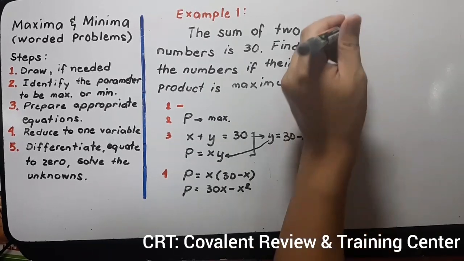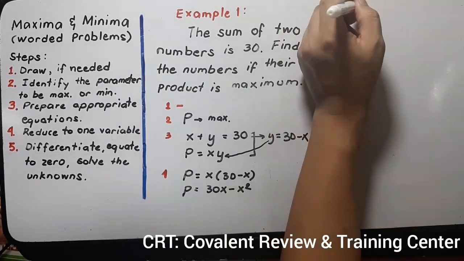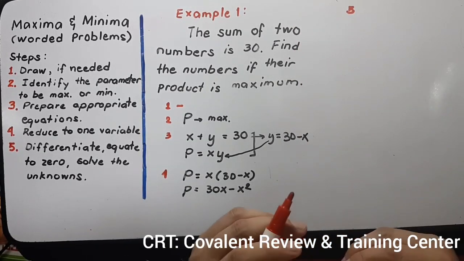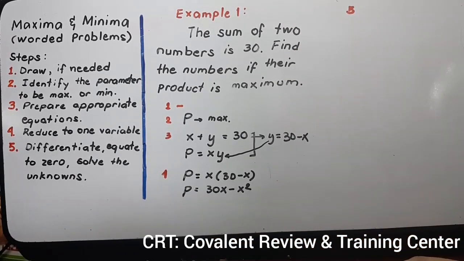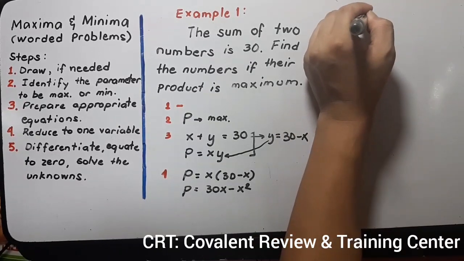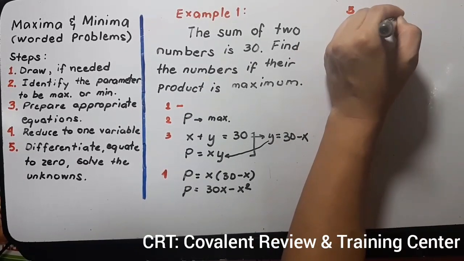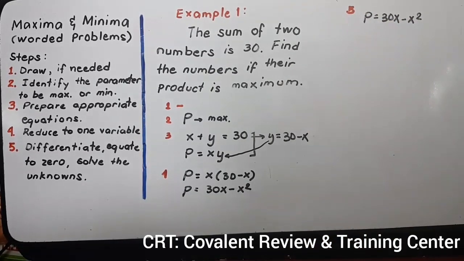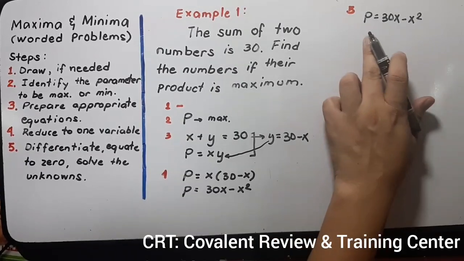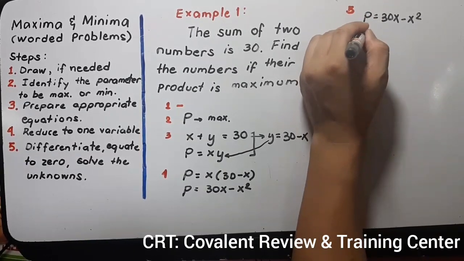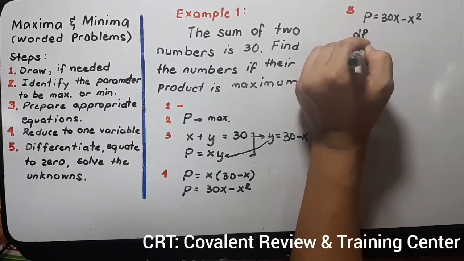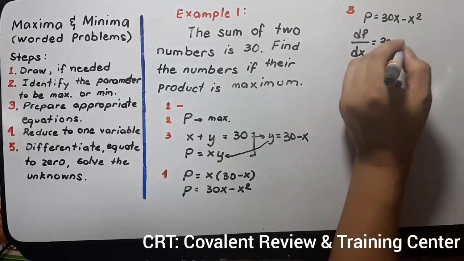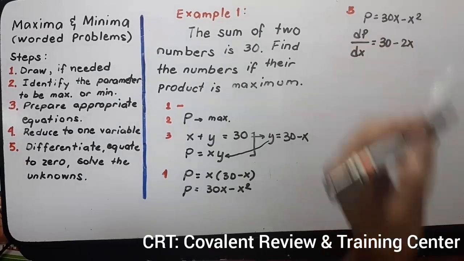Step 5. P equals 30x minus x squared. Differentiate p with respect to x. So we have dp over dx equals 30 minus 2x.